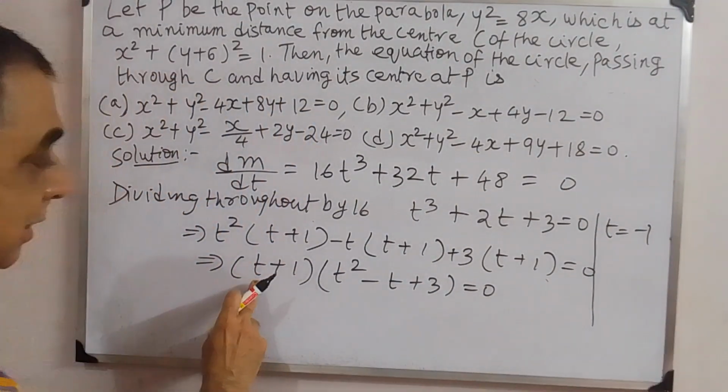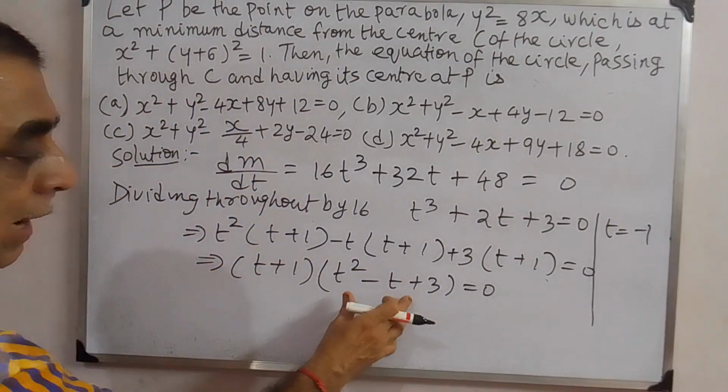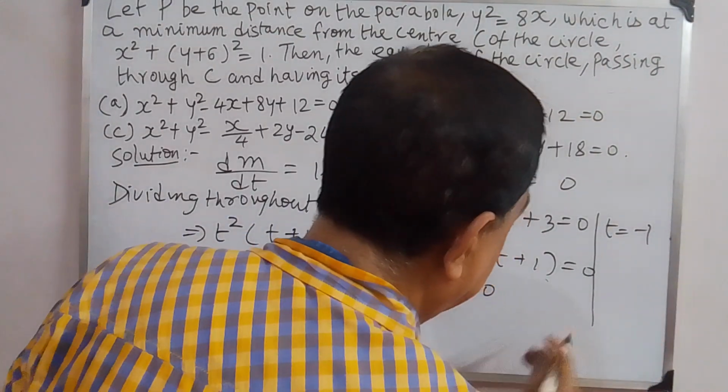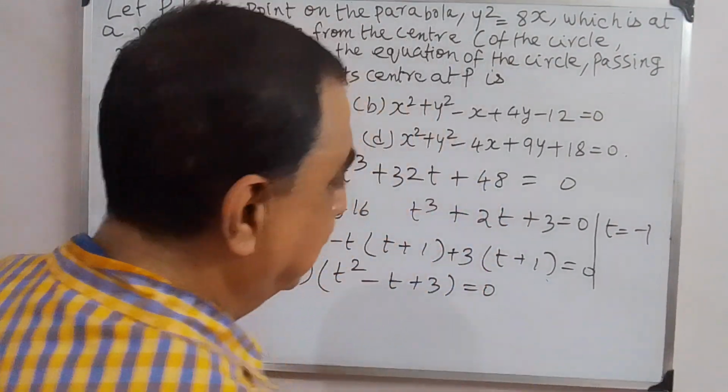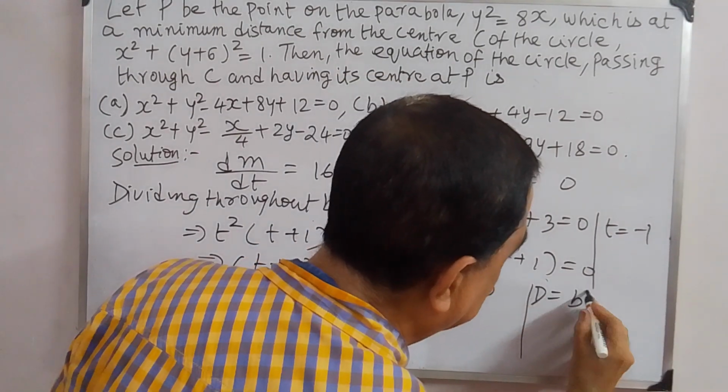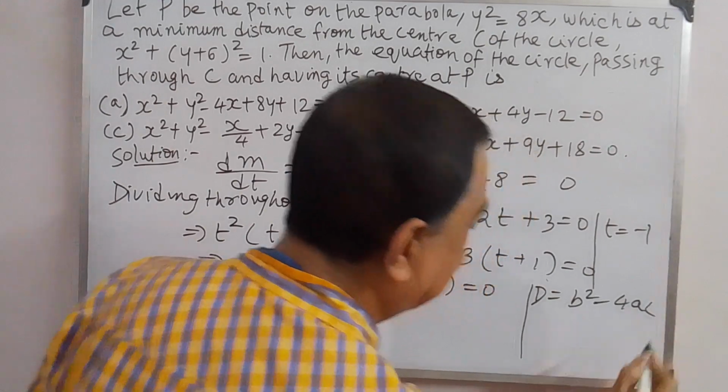Okay, and either this will be 0 or this. Let us check what will be the discriminant of it. We know the value of the discriminant is b squared minus 4ac.